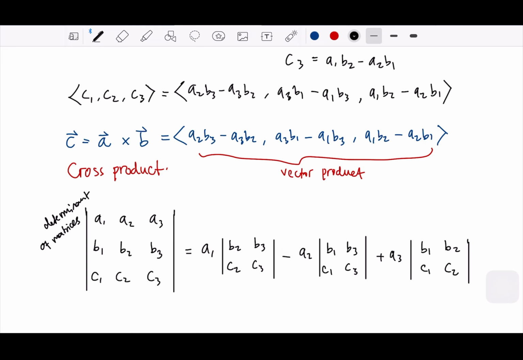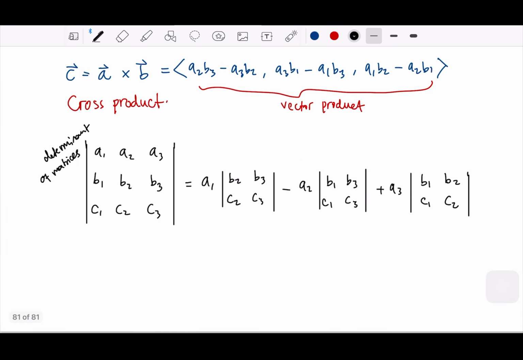We can also rewrite this, let me write it positive, negative, positive, negative.